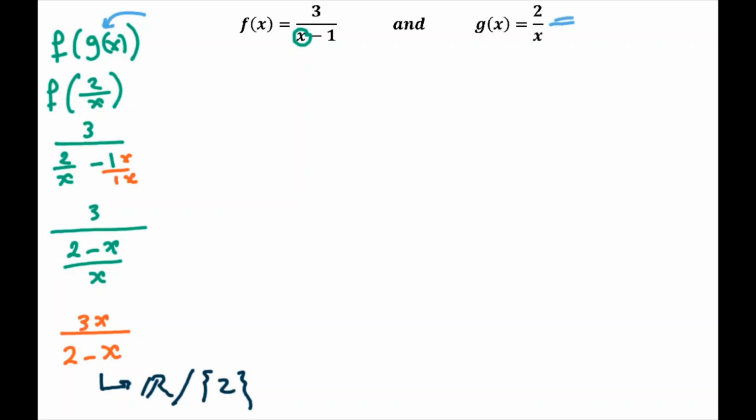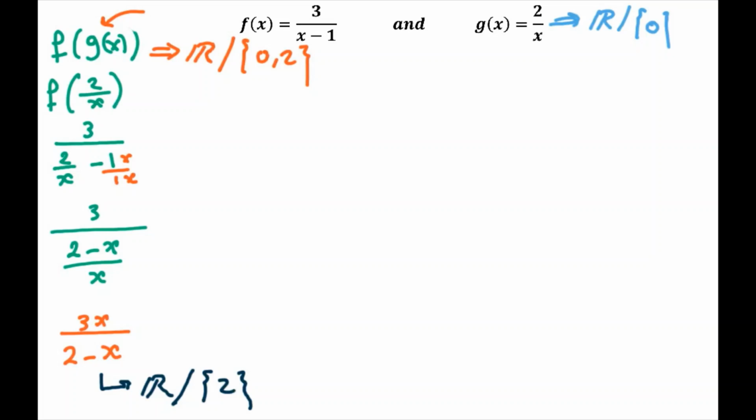Well, the domain of g(x) is all real numbers but not 0. So that means the domain of f of g will be all real numbers but not 0 or 2, because you cannot use 0, since in the beginning you were unable to use it.